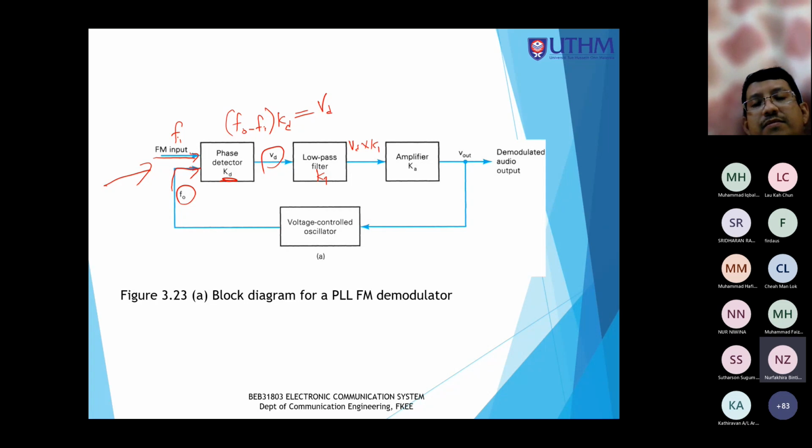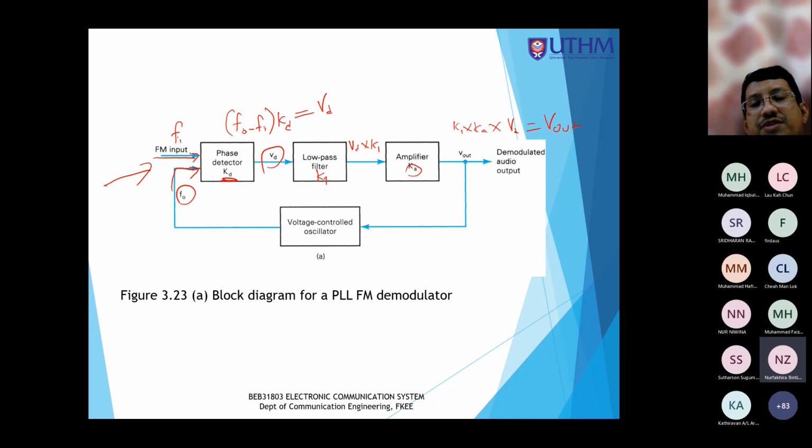So the output here would be VD times KL. Then we put it inside the amplifier. The amplifier has a parameter Ka, so this will be multiplied with another Ka. That means this would be KL multiplied with Ka multiplied with VD. So this is V out.